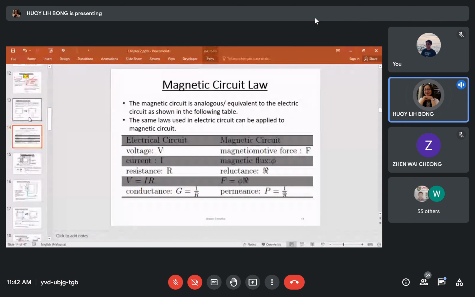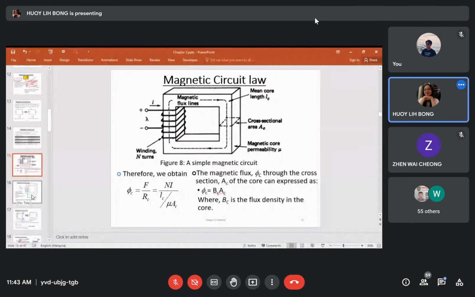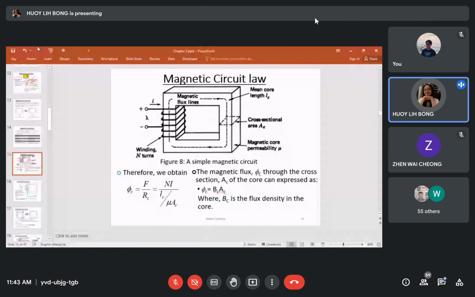For the important part in this, you need to use Ohm's law also. It can be used in a magnetic circuit, as you can see here. F equals flux times reluctance. Then you can also use mesh analysis, nodal analysis.